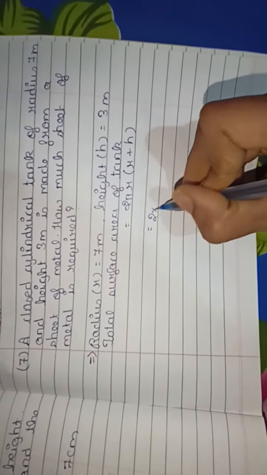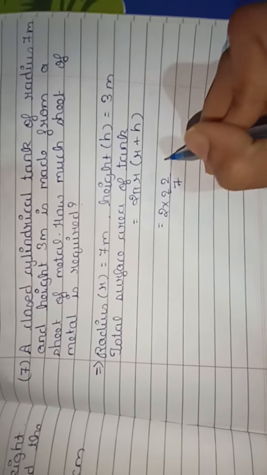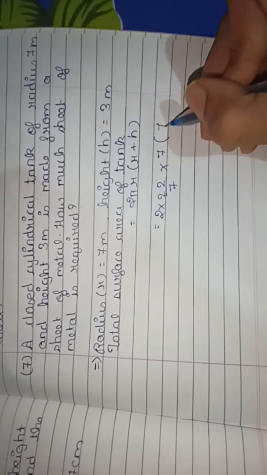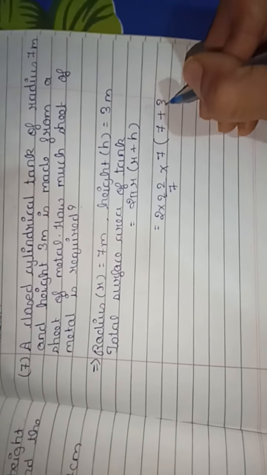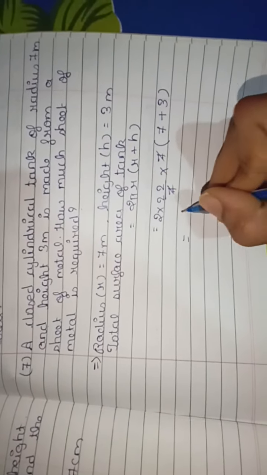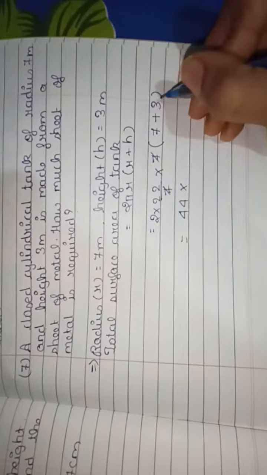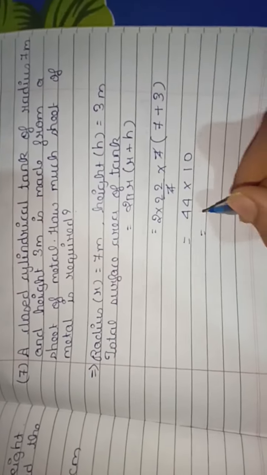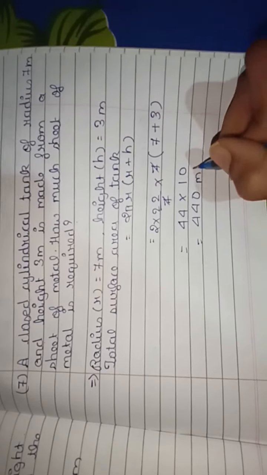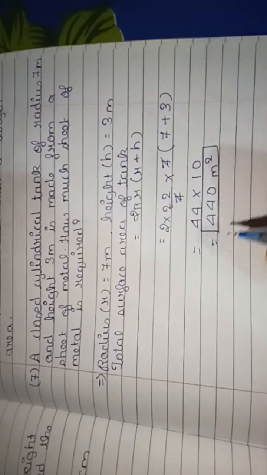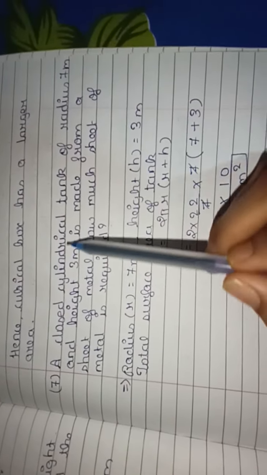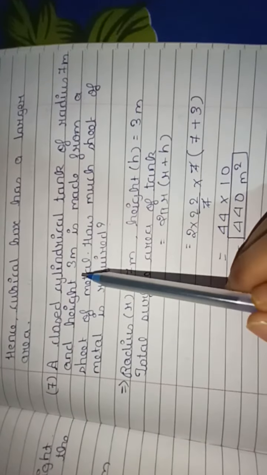Then 2 multiplied by 22 by 7 multiplied by r, here 7, then r plus h, 7 plus h is 3. 7 and 7 will get cancelled. 22 multiplied by 2 is 44, multiplied by 7 plus 3 is 10. So it is 440 and the unit will be meter square. So 440 meter square of metal sheet will be required for a closed cylindrical tank of radius 7 meter and height 3 meter.